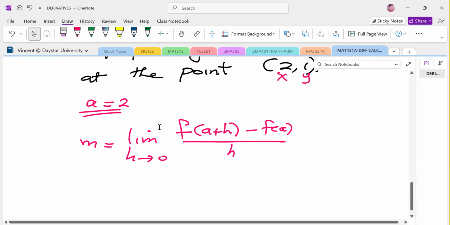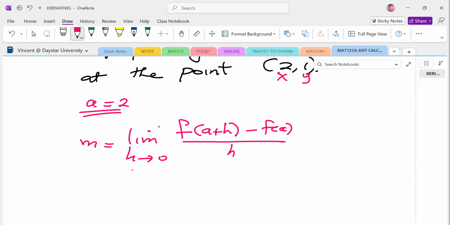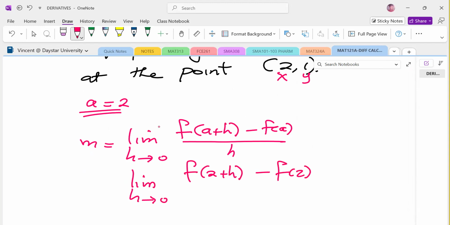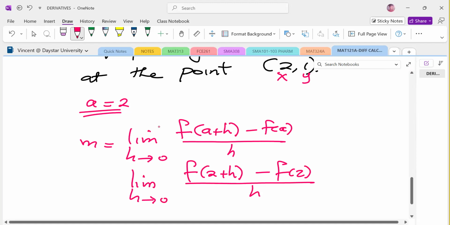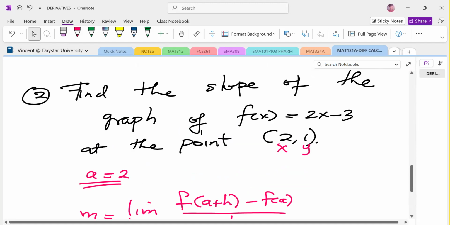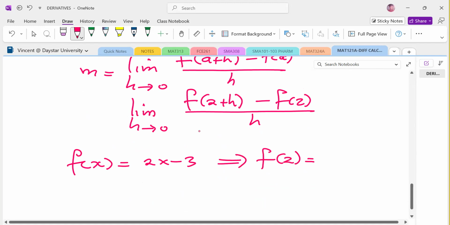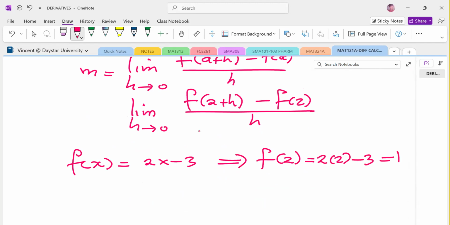So this is the same as the limit as h approaches 0 of f of 2 plus h minus f of 2, divided by h. So the function here is 2x minus 3. So f of x is 2x minus 3, which implies that f of 2 will be 2 times 2 minus 3, which will give us 1.